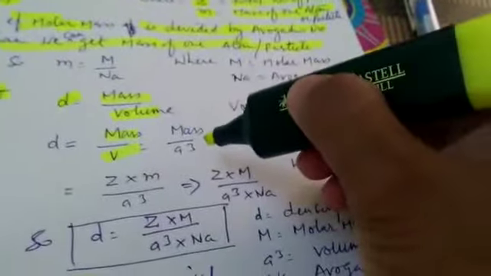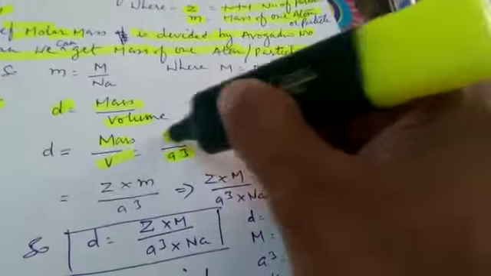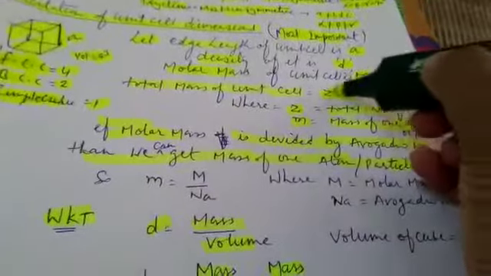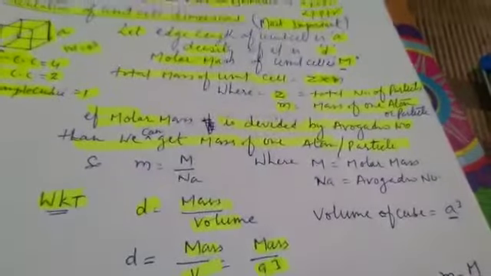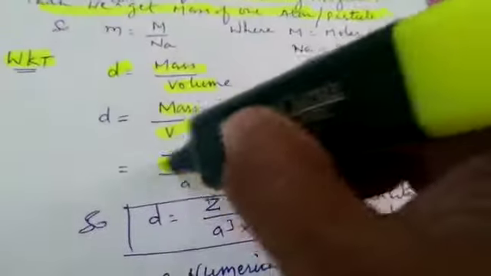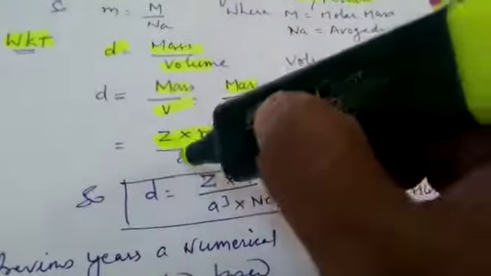The volume of the cubic unit cell is A cube, and the total mass of the unit cell is Z into m. So we place the value of mass here, Z into m, and the volume of the unit cell is A cube.